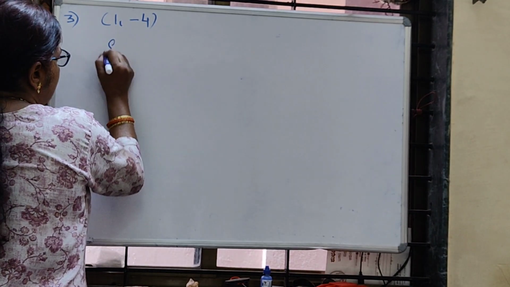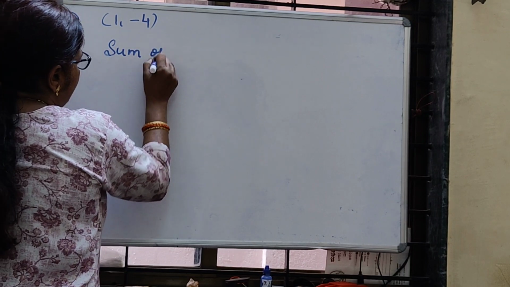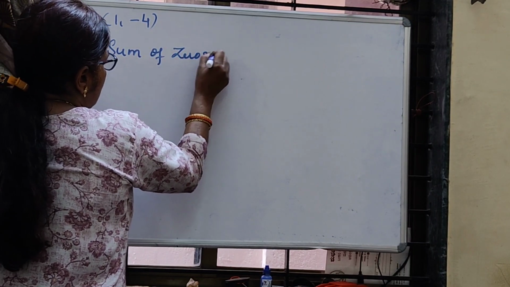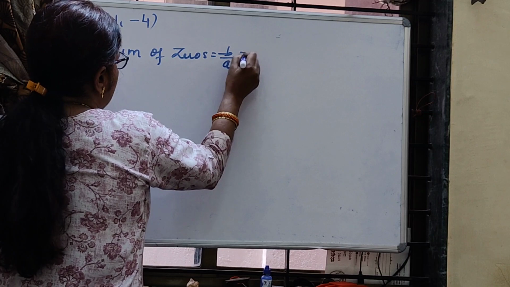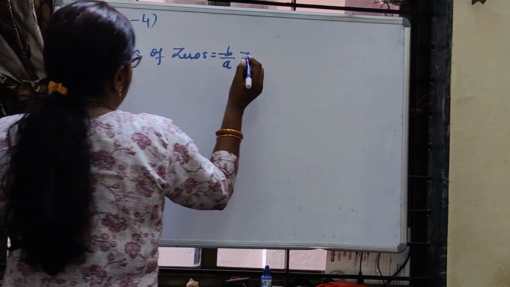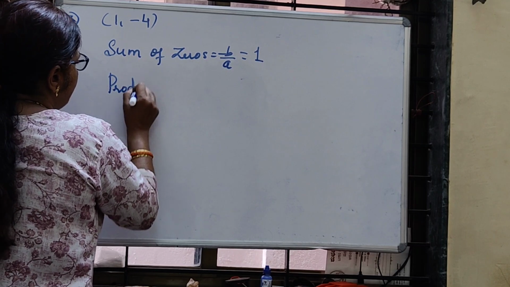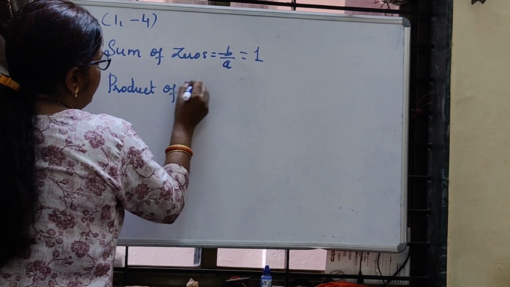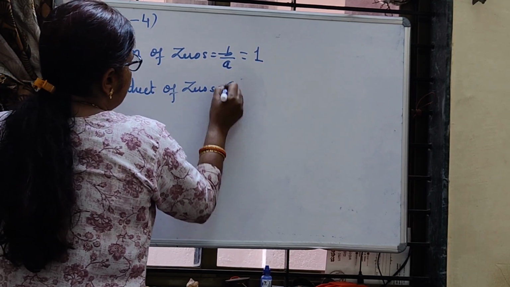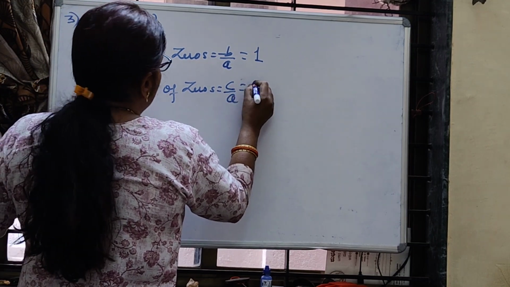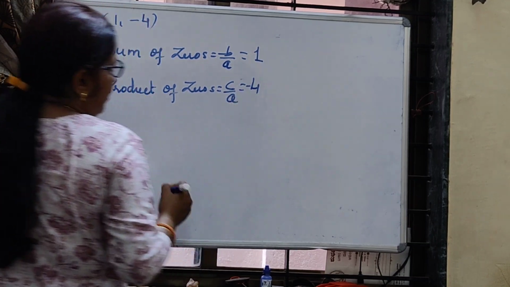We know that sum of zeros is equal to minus b by a. Already they have given the sum as 1. Product of zeros is equal to c by a, and they have given minus 4.